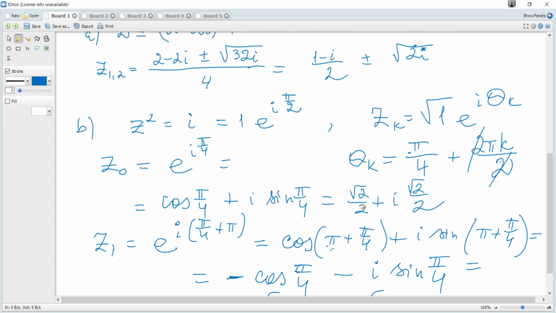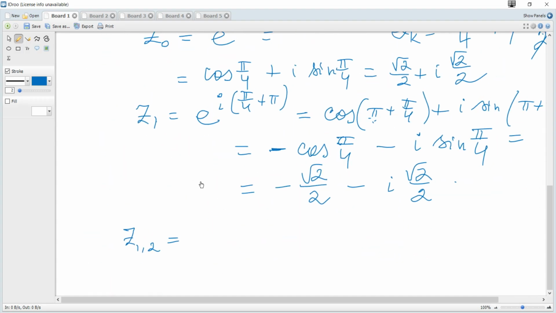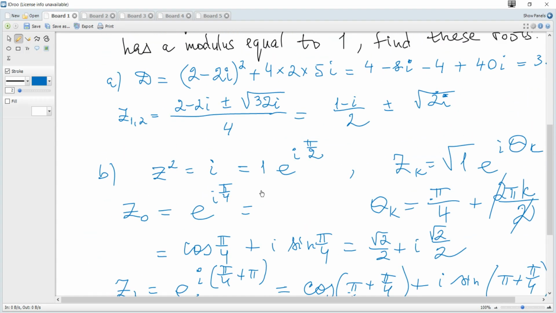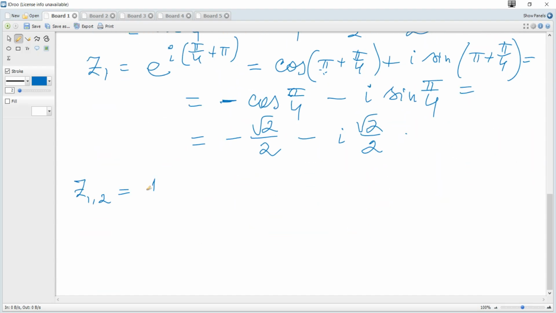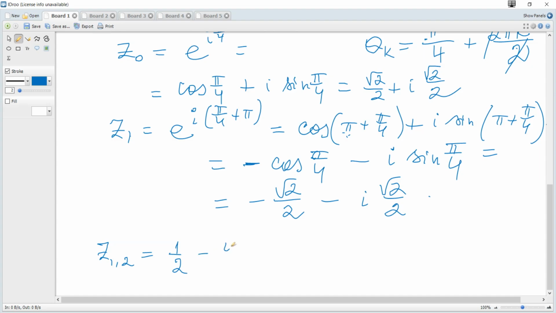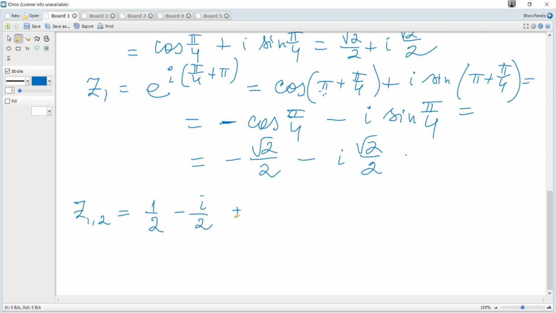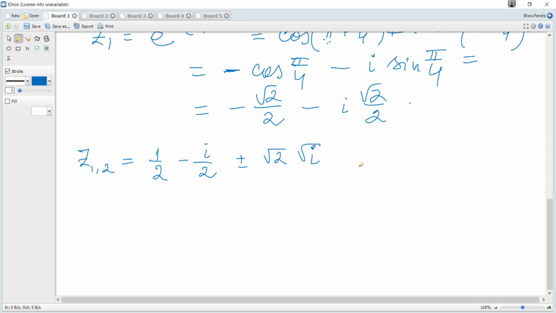And hence we get that our roots z1, z2 are a half minus i over 2 plus minus root 2 times root i.